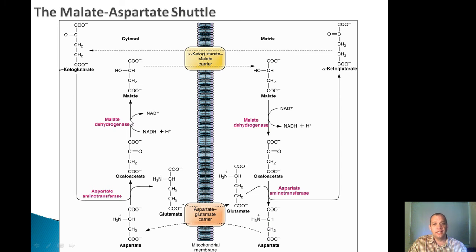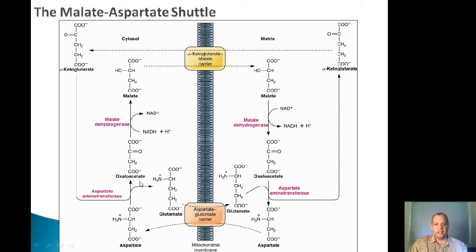Now you'll see that these are both the same enzymes, and you might ask why it catalyzes the forward reaction here, oxaloacetate to malate, and the reaction here it catalyzes the exact reverse. And this is simply regulated by the stoichiometry of the concentration of these products and substrates.